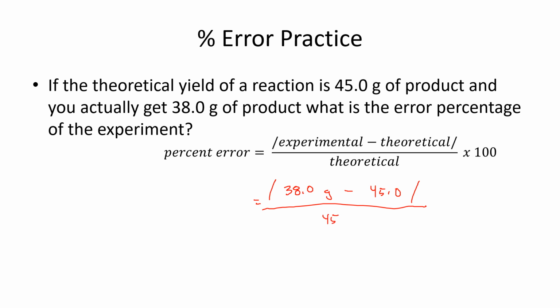And then divide by 45.0, and let's see what we end up with here. 38 minus 45 equals that, divided by 45 equals, and I got 0.156, I guess, percent. Oh, times 100. There you go.